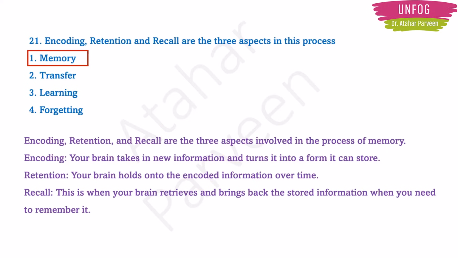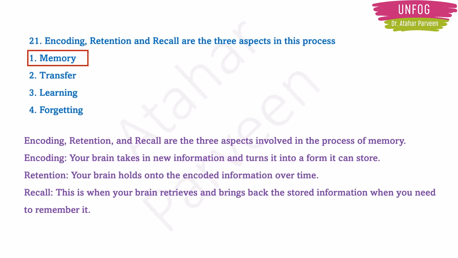Now to understand what these three terms are, let us start from encoding. See, what encoding means is, in this process our brain takes in new information and then turns that new information into a different type of form where it can store the information.